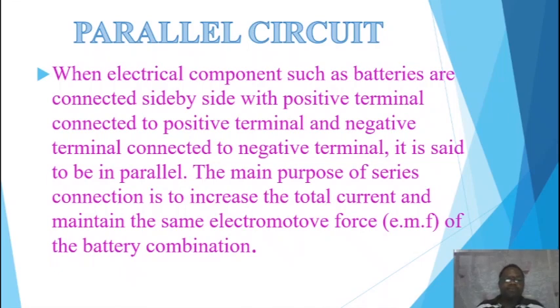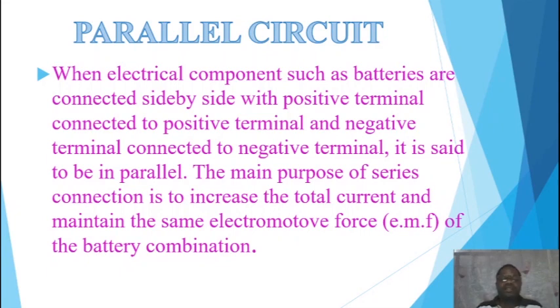We say when electrical components such as batteries are connected side by side, with the positive terminal connected to another positive terminal and the negative terminal connected to another negative terminal, it is said to be in parallel.